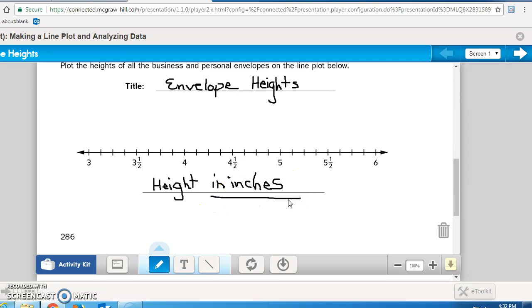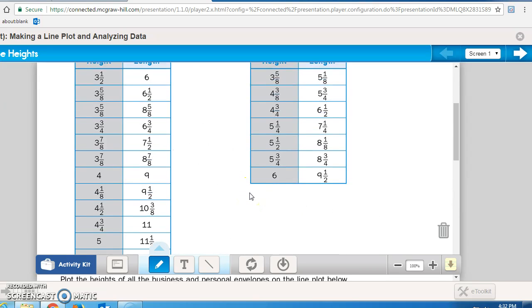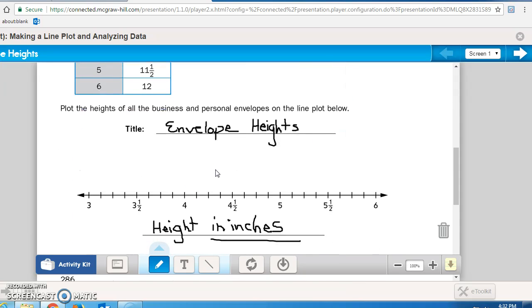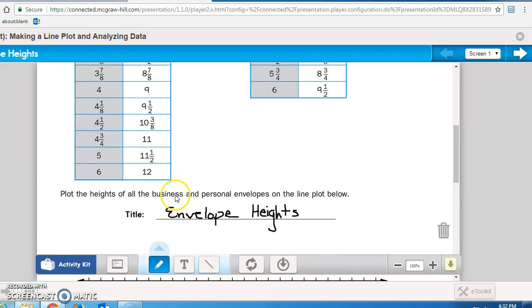Now you're going to make X's representing the information up above. So to get you started, I'm going to show you how I would do this. I would look at the number 3.5 because that is the first number that is going to have an X above it on the line.